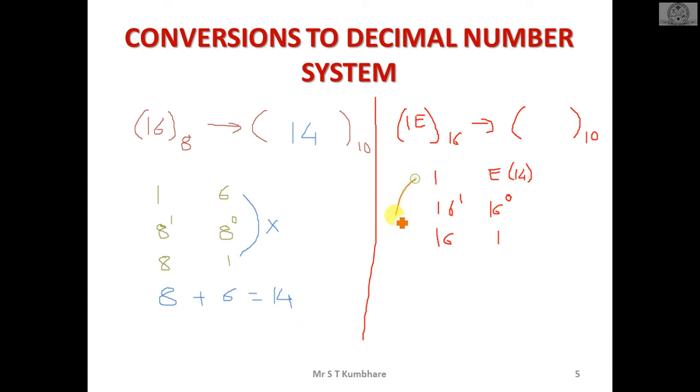Then you have to multiply both. So after multiplication, you will get 1 into 16 is 16 plus 1 into 14 is 14. And if you add it, you will get 30 as the result. So 1E in hexadecimal is equivalent to 30 in decimal. Let's cross verify this.